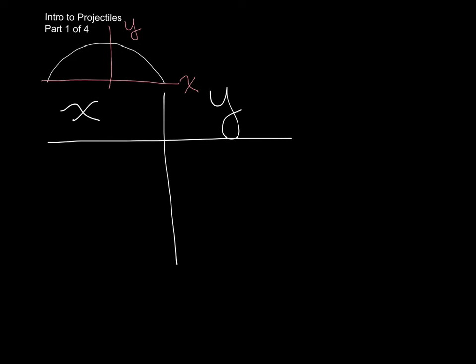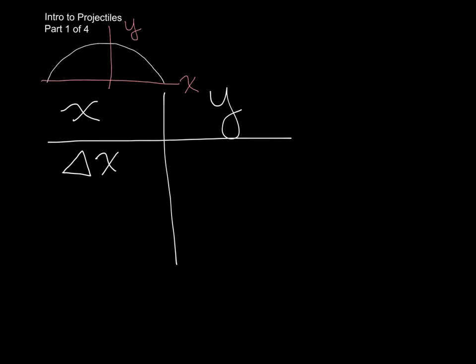So I have everything that has to do with the horizontal motion of my object over here on the x side. Everything that has to do with the vertical motion of my object is on the y side. So the variables that I need on my x side are going to be, first, delta x, which just means change in position in the x direction.